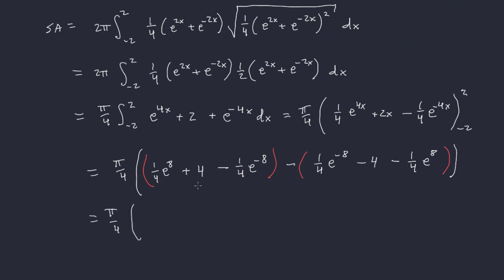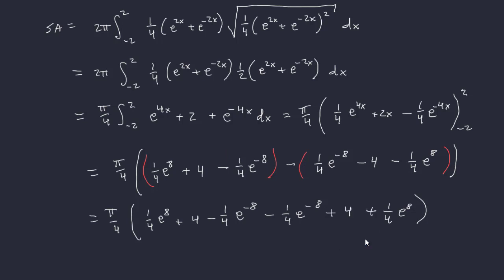Then let me just write it all out: 1/4 e^8 plus 4 minus 1/4 e^(-8), minus 1/4 e^(-8) minus 4, and then plus 1/4 e^8. We've basically just doubled everything.